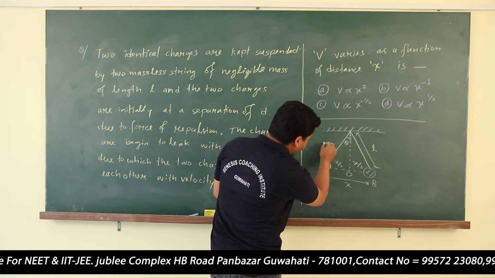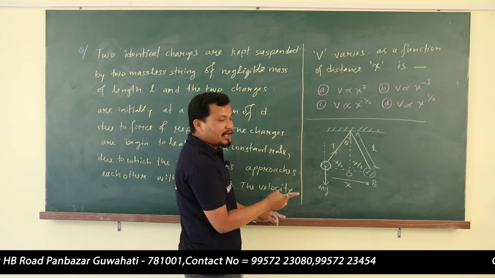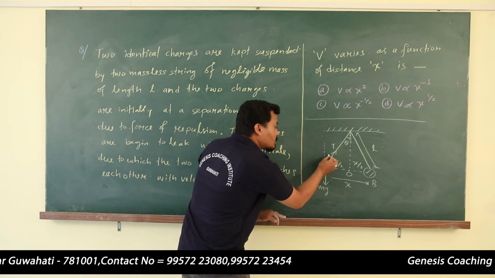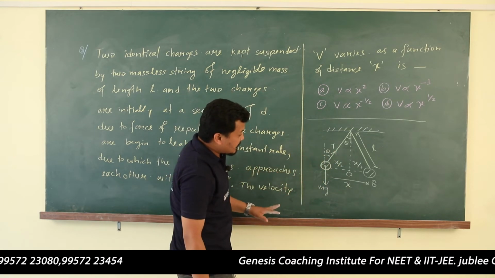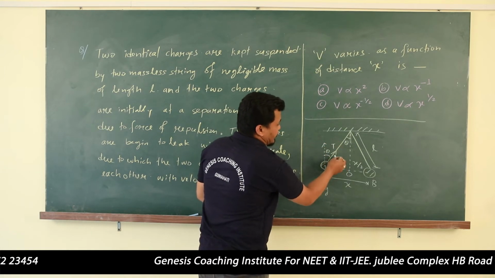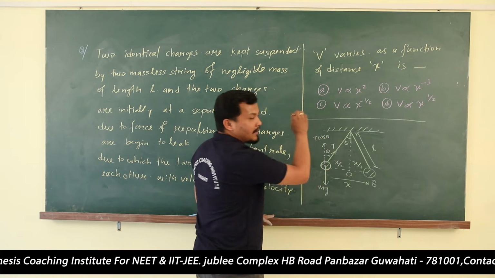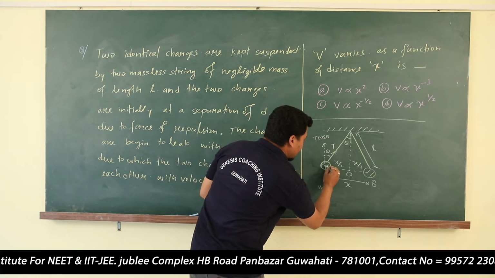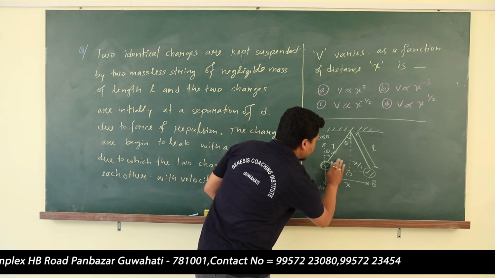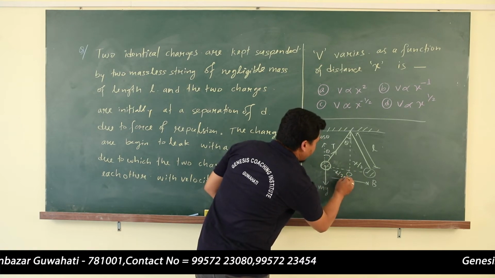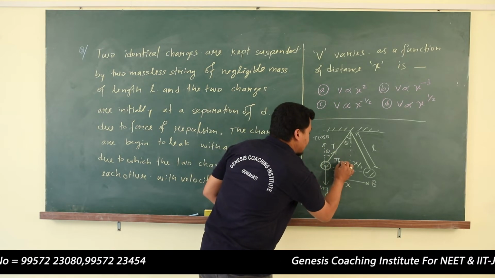If this angle is theta, then according to the geometry, this angle is also theta. Along this direction there is a component of tension, T cos theta, and along this direction, the other component of T is T sin theta.